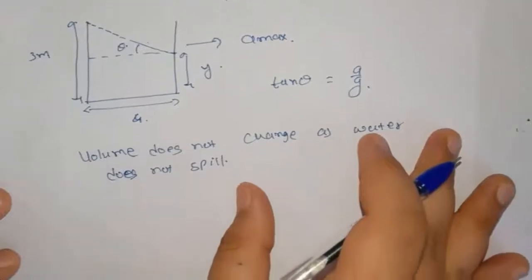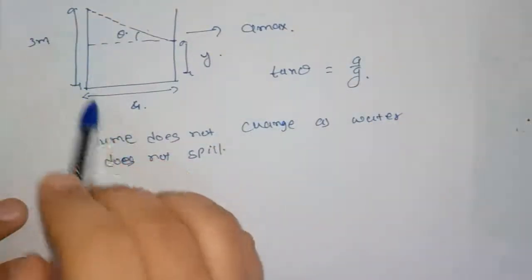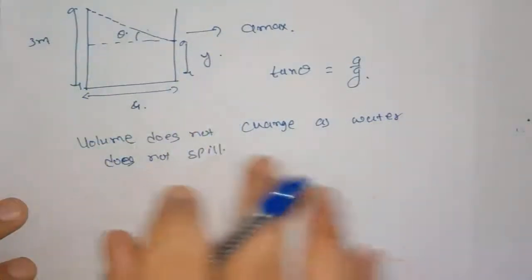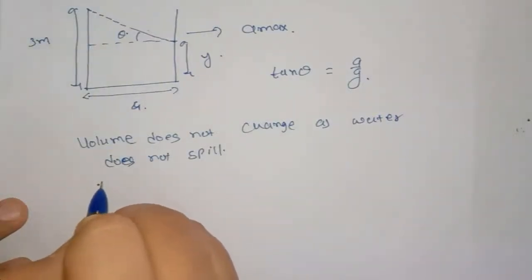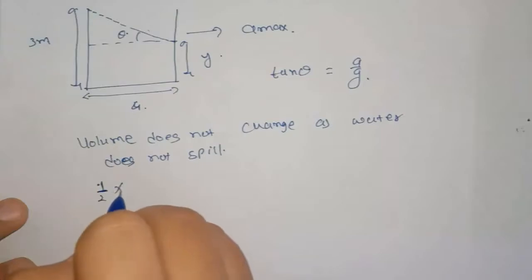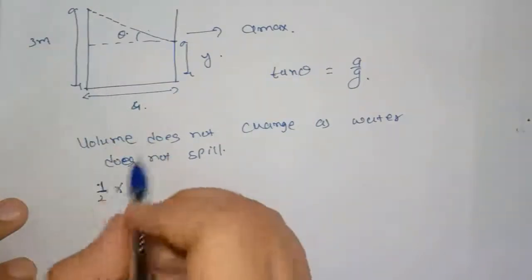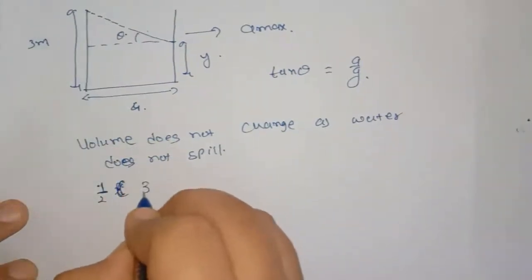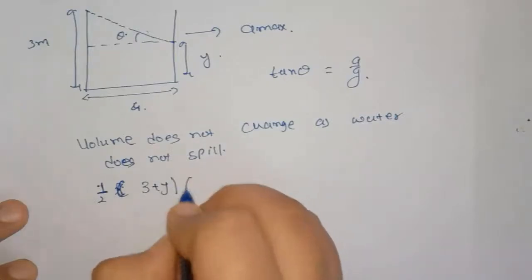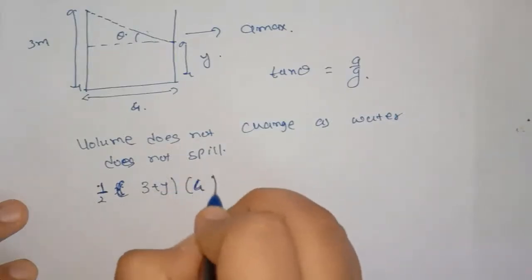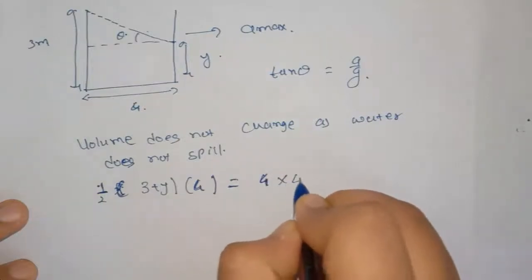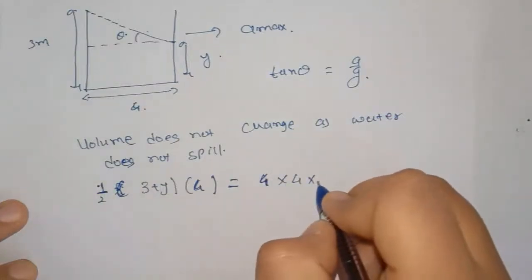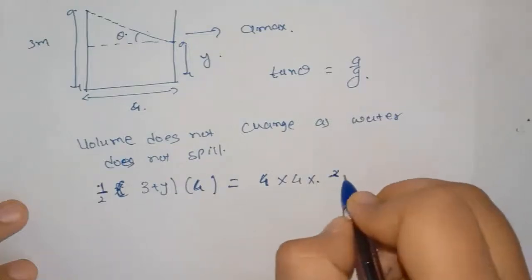So volume of this should be equal to volume of water before it was accelerating. So half into, this is the trapezium, sum of parallel sides into perpendicular distance between them, that is equal to initial volume of water, 4 into 4 square area, and it was filled up to the height 2.